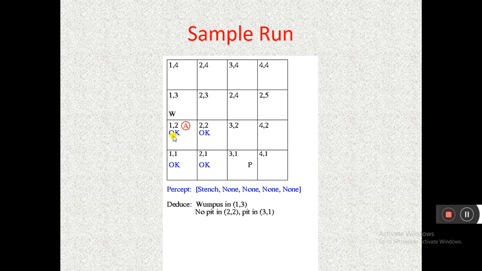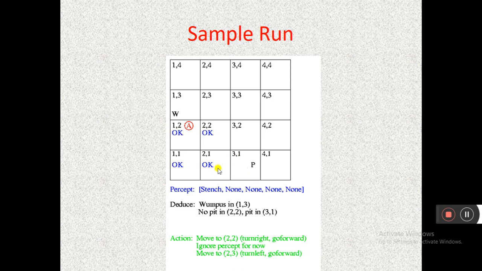Here is stench, here is nothing. Wumpus in 1 3. So Wumpus is in 1 3. No pit in 2 2, 2 2 is okay. Pit in 3 1. So that is also okay.